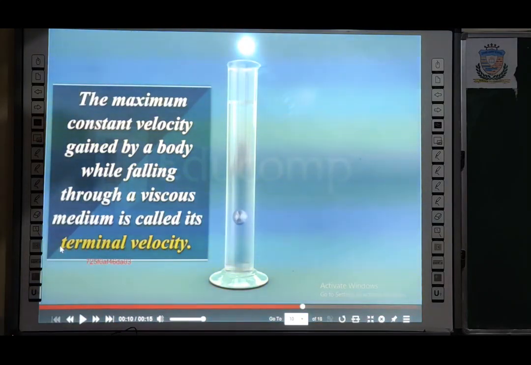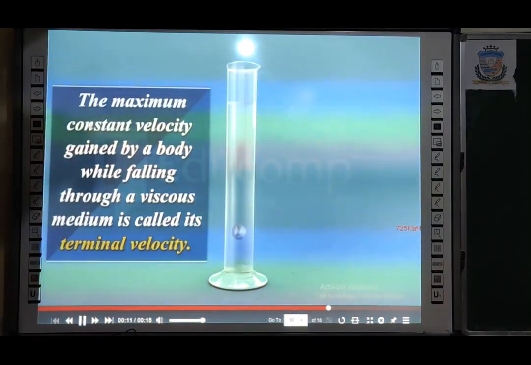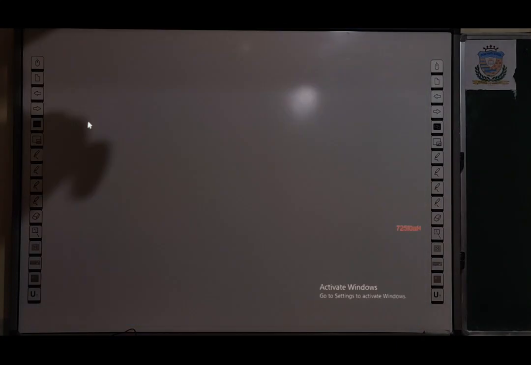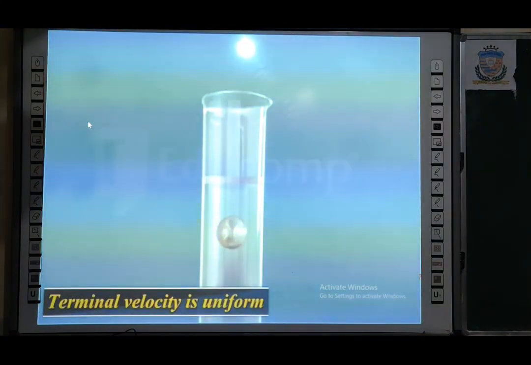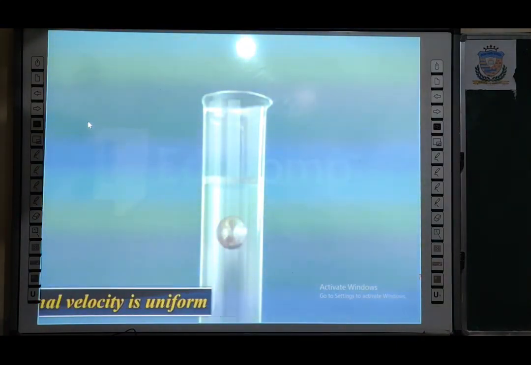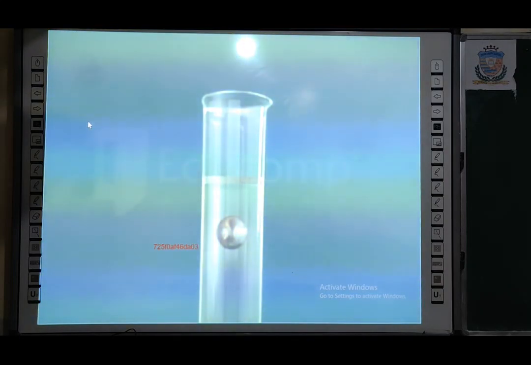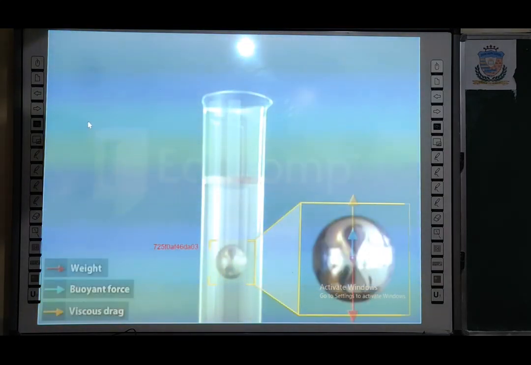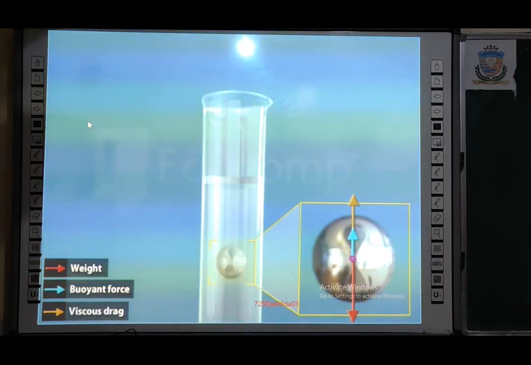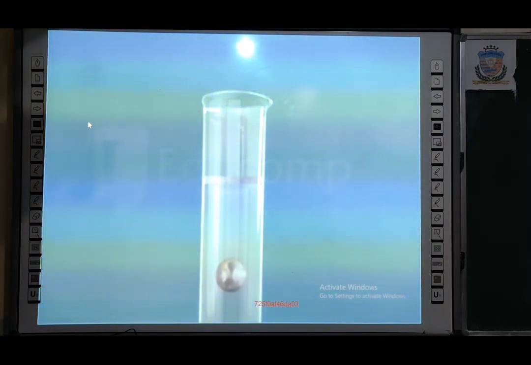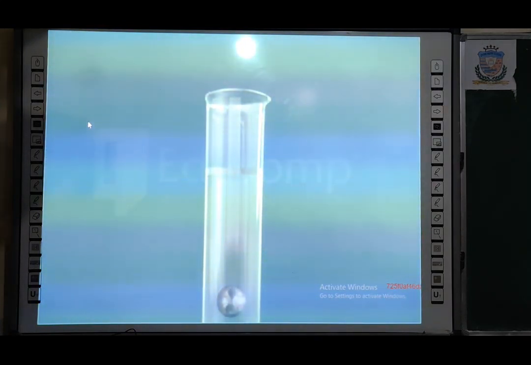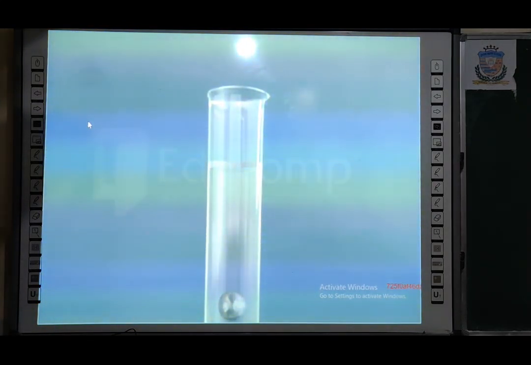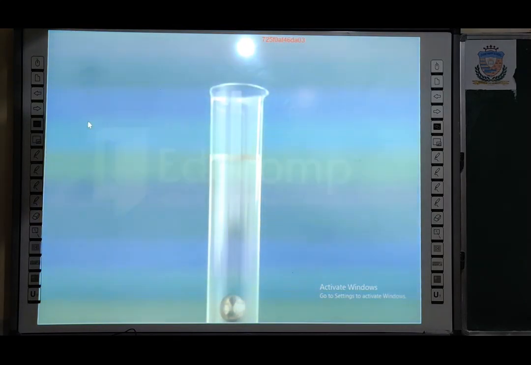Note it down. Terminal velocity is uniform, for which the net force is equal to zero. Consider the first law of motion. The object will continue with the uniform velocity if the net force is zero.